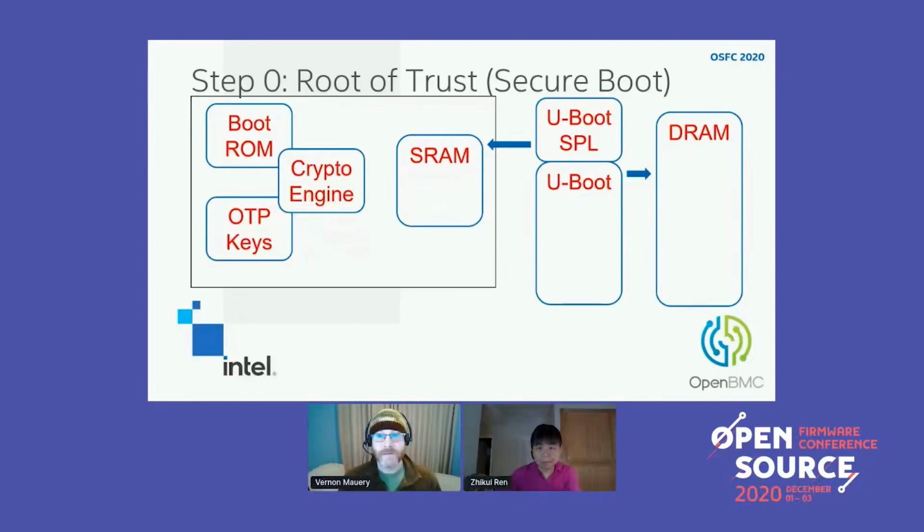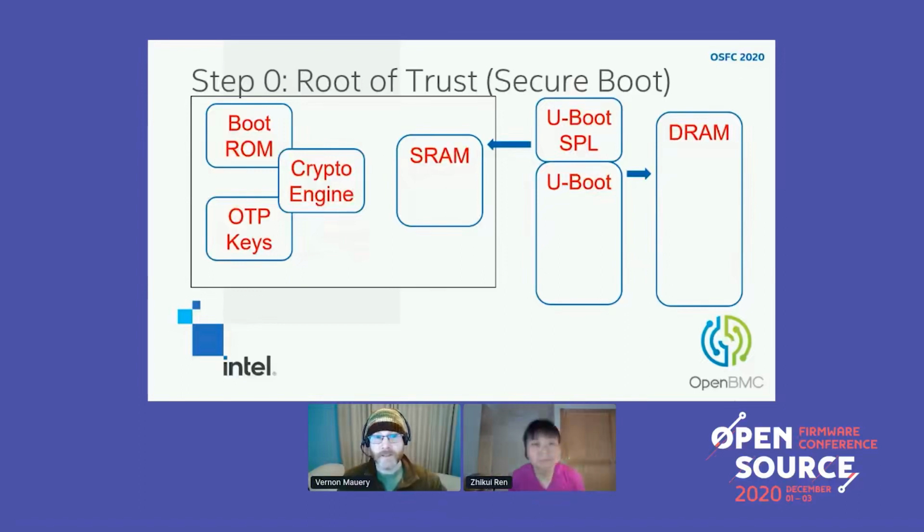In the OpenBMC situation, the first code that's going to run is this U-Boot SPL, which stands for secondary program loader. Secondary because the first thing that is running is the ROM code. So this SPL has a very limited scope.